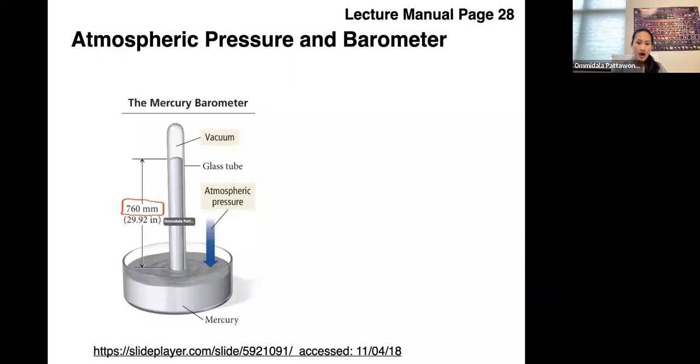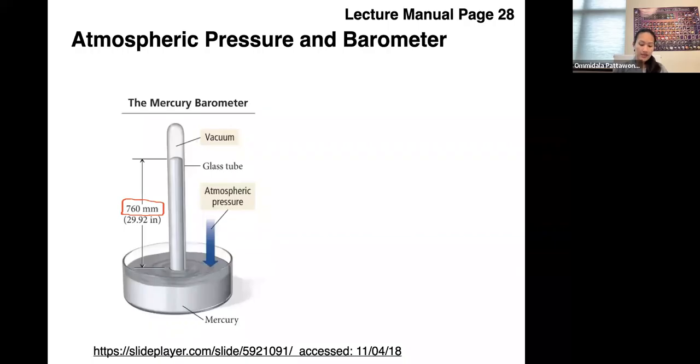So we define that at sea level, the atmospheric pressure would be 760 millimeters of mercury. That is how we measure the atmospheric pressure. Torricelli is the scientist who invented this barometer.